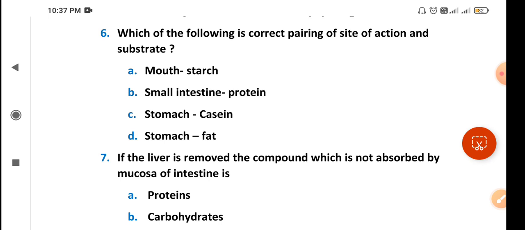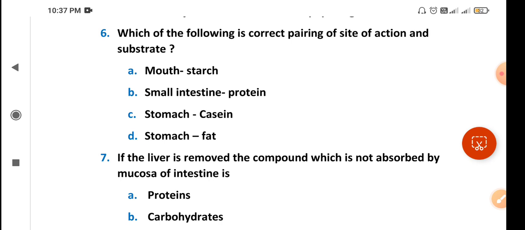Now let's check the second option, small intestine and protein. Actually proteins are converted into proteoses and peptones in the stomach, and breakdown of these peptones and proteoses takes place in the intestine, and proteins are not catalyzed in the small intestine. So B option is incorrect.